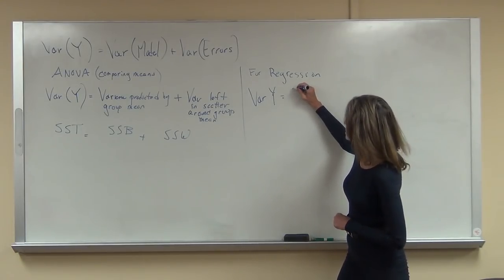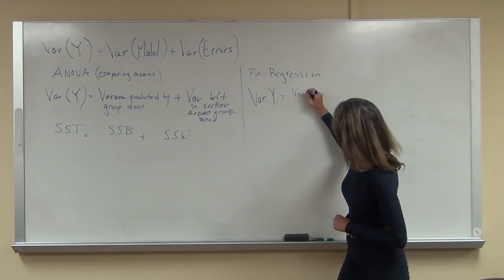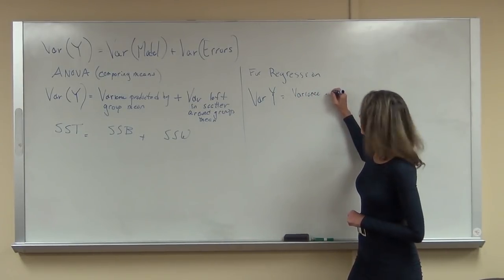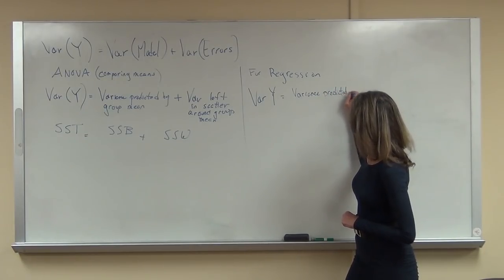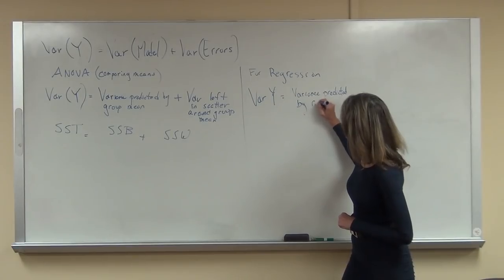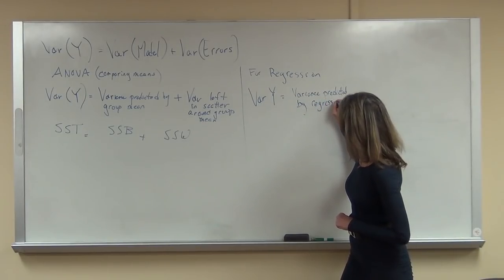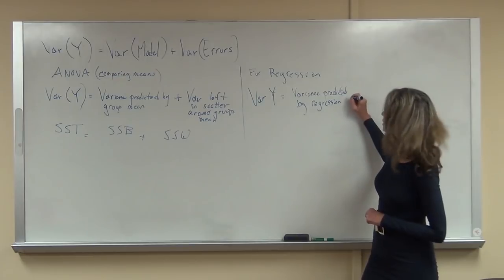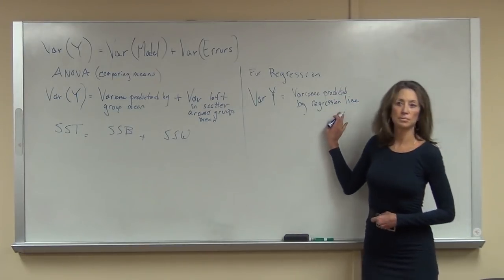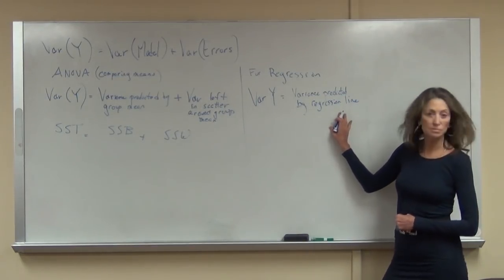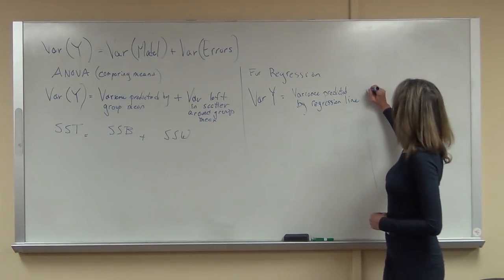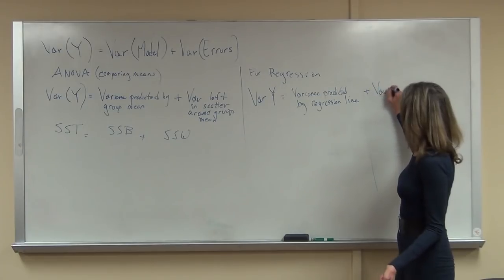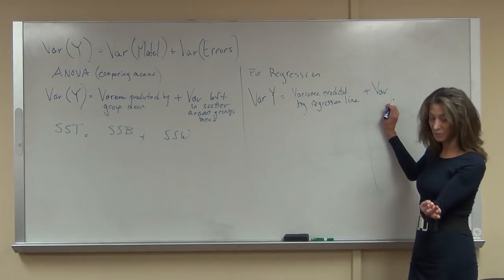So it would be the variance predicted by the regression line, by our sample regression line. That's the model, we'll make some prediction based on the regression line, and then there's variance, there's scatter around the regression line.